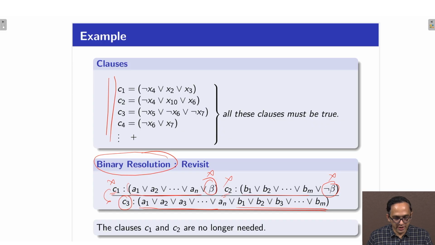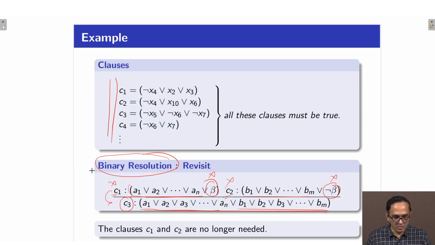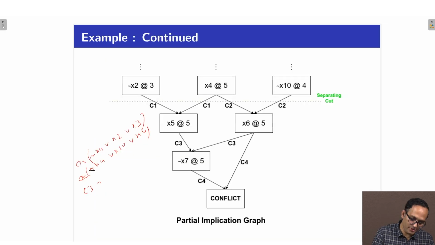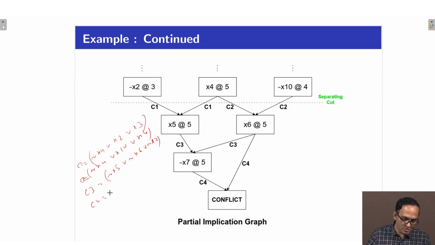C2 is not of x4 or x10 or x6. C3 is not of x5 or not of x6 or not of x7. And C4 is not of x6 or x7.